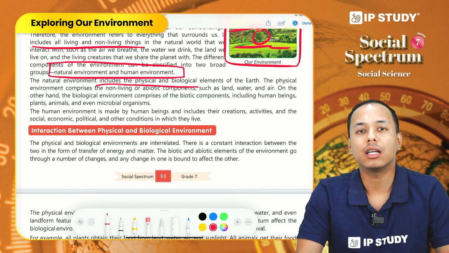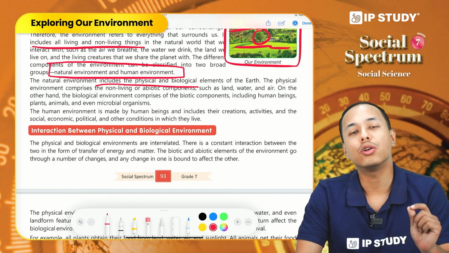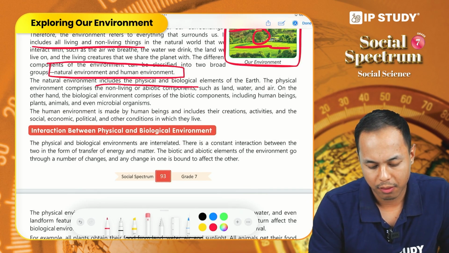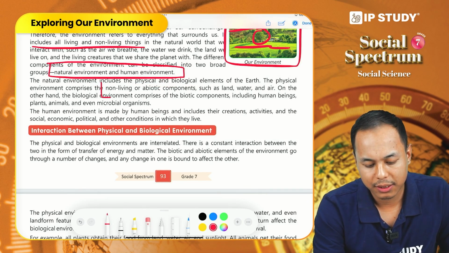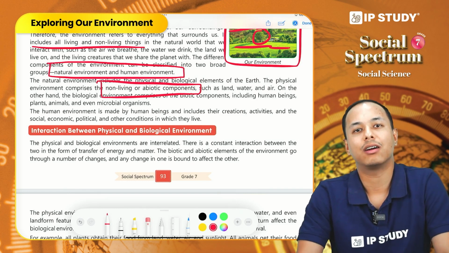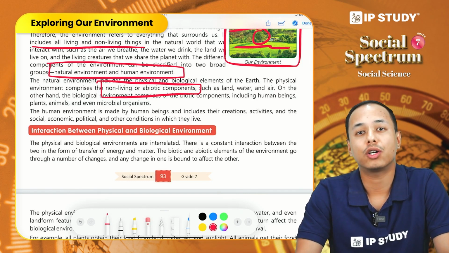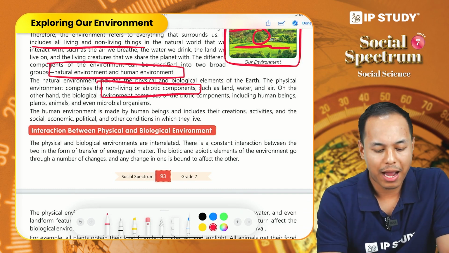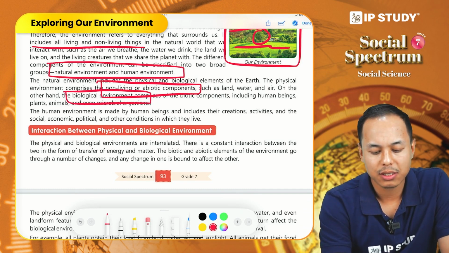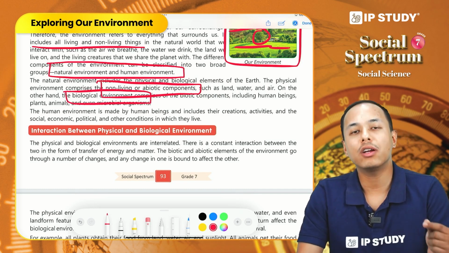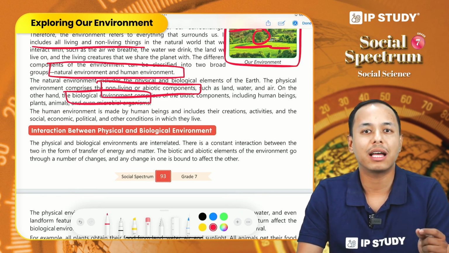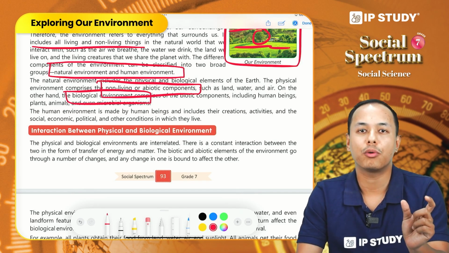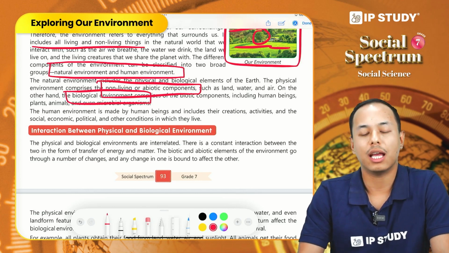Physical element includes all the non-living or abiotic components such as land, water, air, or landforms, or different features of land. These are non-living. On the other hand, biological environment comprises biotic or living organisms like animals, plants, trees, microorganisms. All these living components fall under the biological element.